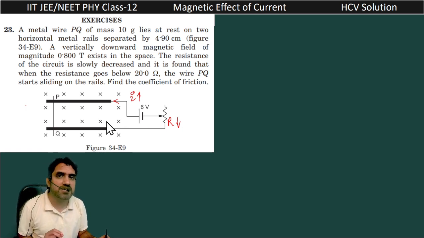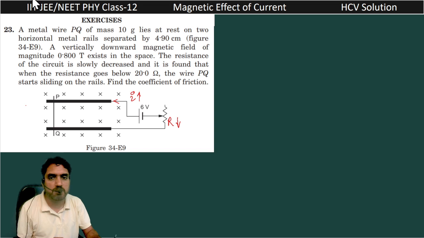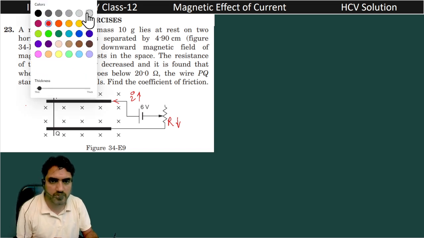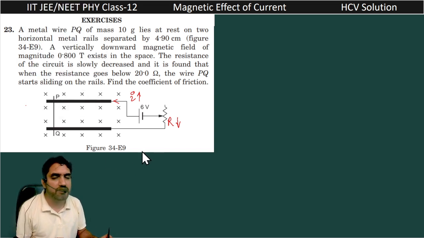If you are decreasing the resistance R of this circuit, definitely this current I will increase, because that is the definition of resistance, which opposes the flow of current. So this I definitely will increase at a certain point.